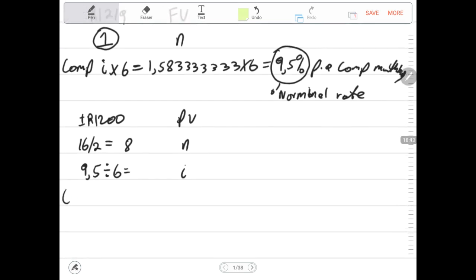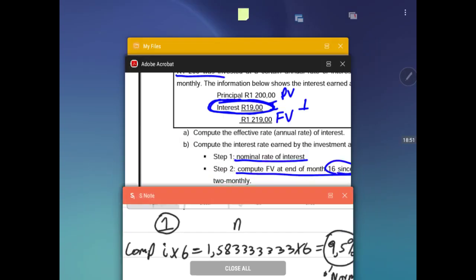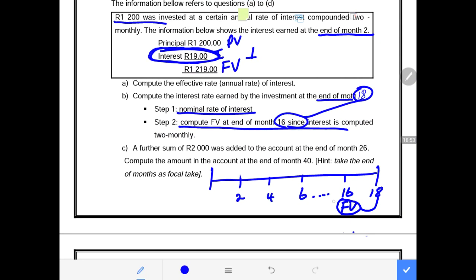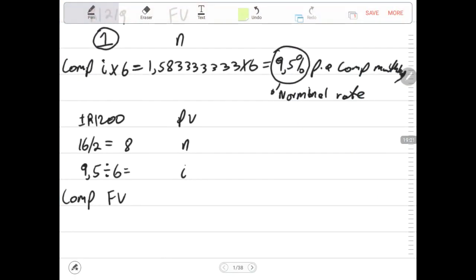Then after, we say compute the future value. Once again, this is exactly what I said I will be highlighting to you. This future value is earning interest up to month 18. It is this interest of 1.58%.